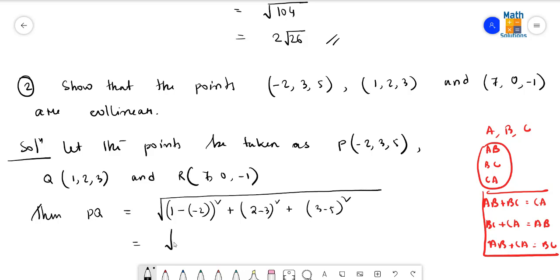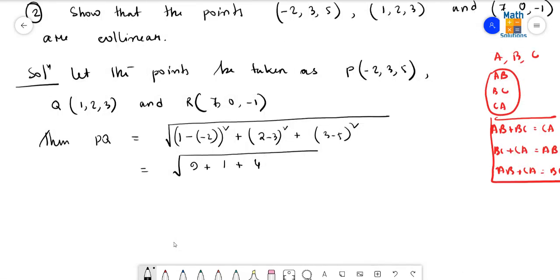That will result ultimately in 9 plus 1 plus 4, that is equal to root 14.